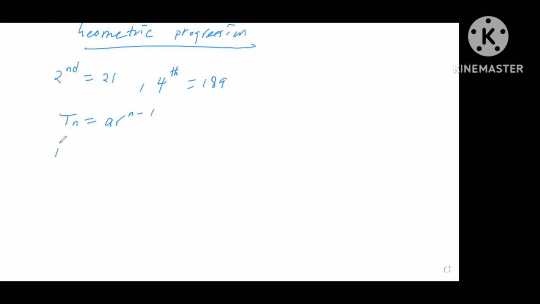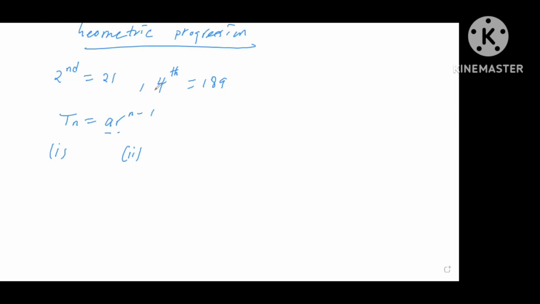We want to have equation 1 and equation 2, so that we can find the first term and the common ratio there. We see that 2 is less than 4, right? Yes. So now which one should divide the other?